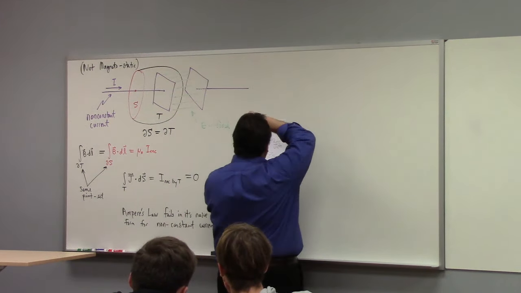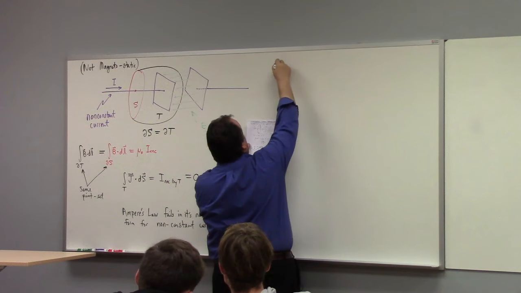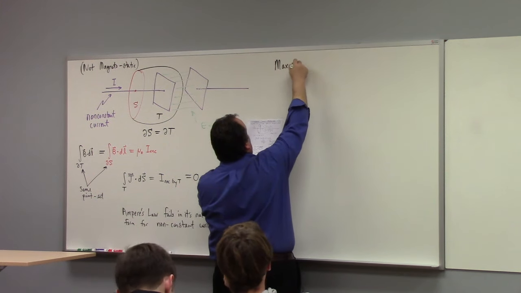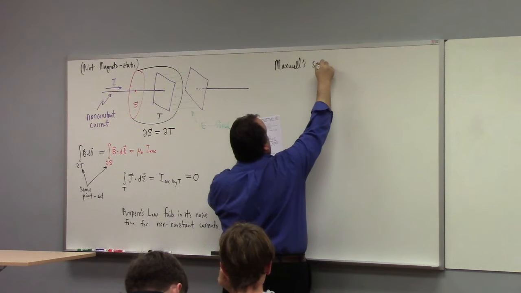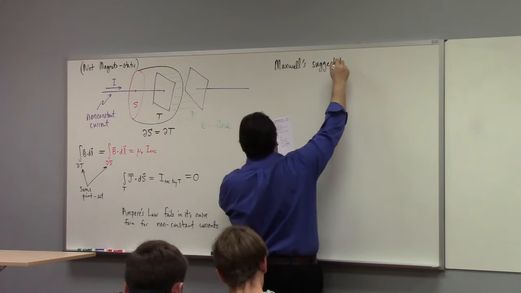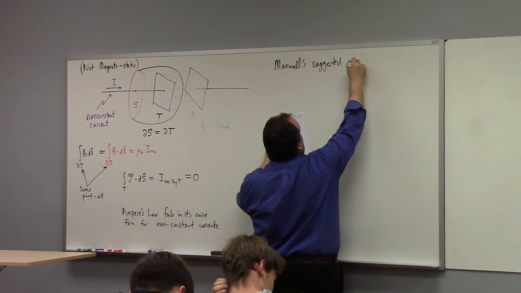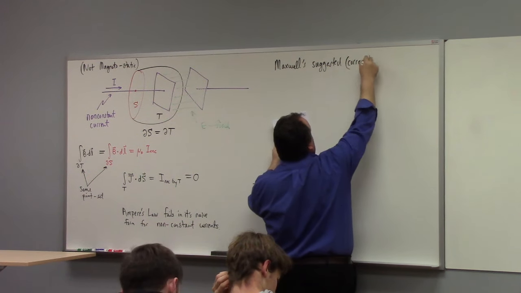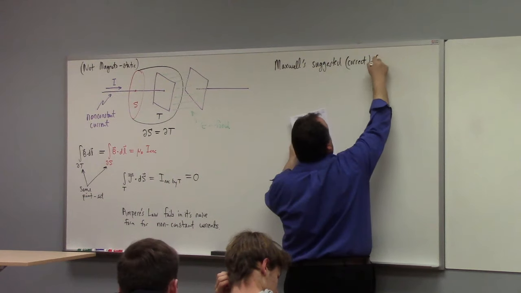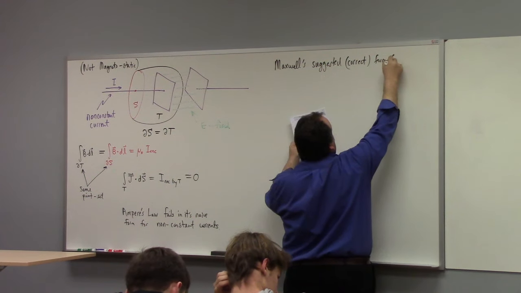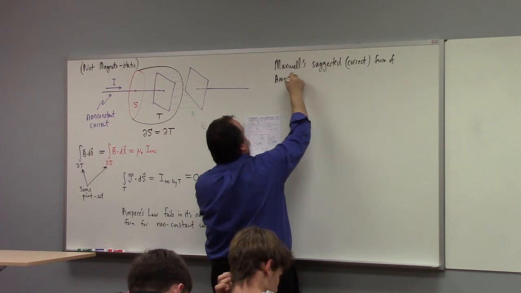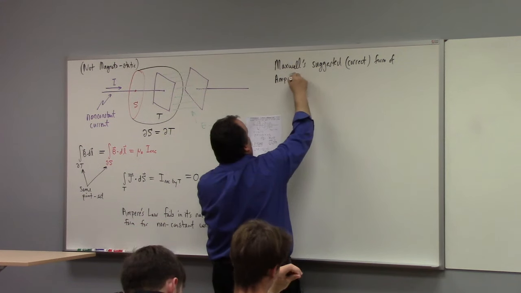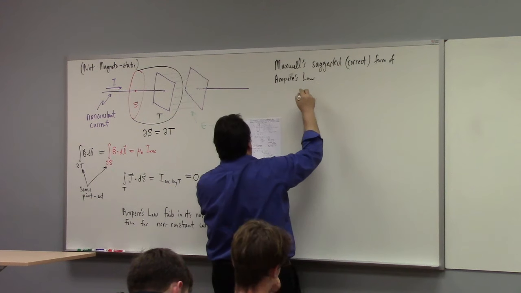So what we do, following Maxwell, so this is Maxwell's suggested form. It's the correct form of Ampere's law. It goes like this.